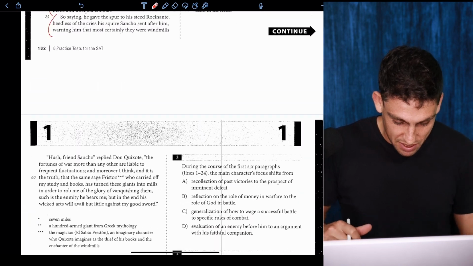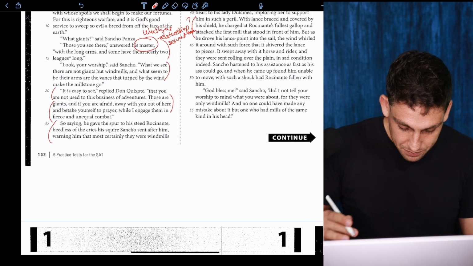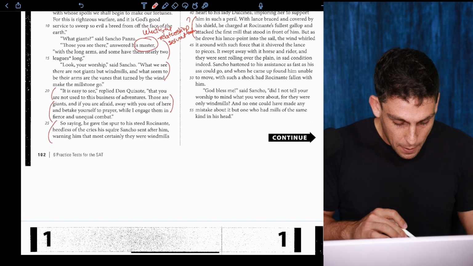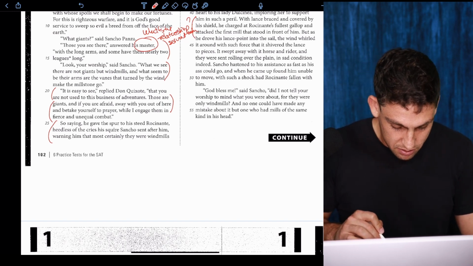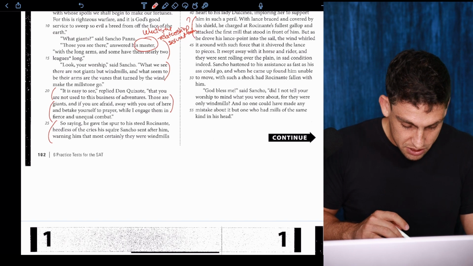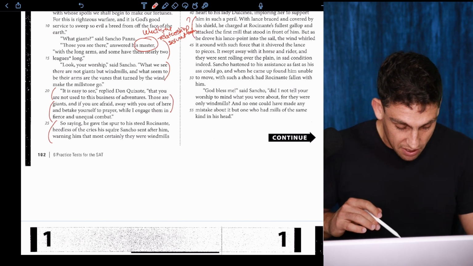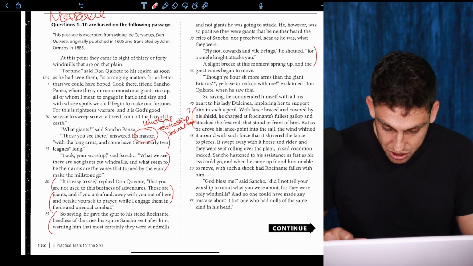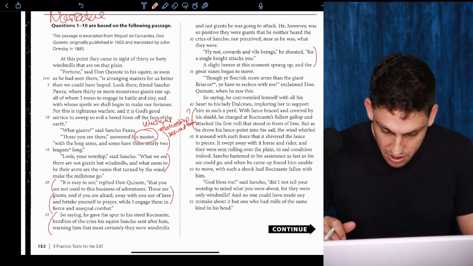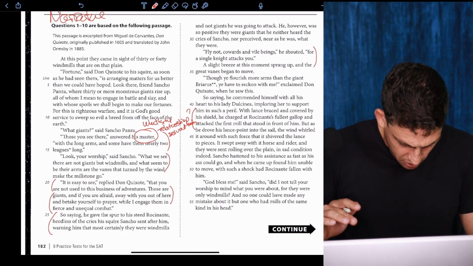Let's do number 6 and 7. So, engage in fierce and unequal combat. Saying he gave the spur to his steed, Rocinante. Steed is a horse. Heedless of the cries his squire Sancho sent after him, warning him that most certainly they were windmills and not giants he was going to attack. Let's put it one more time.